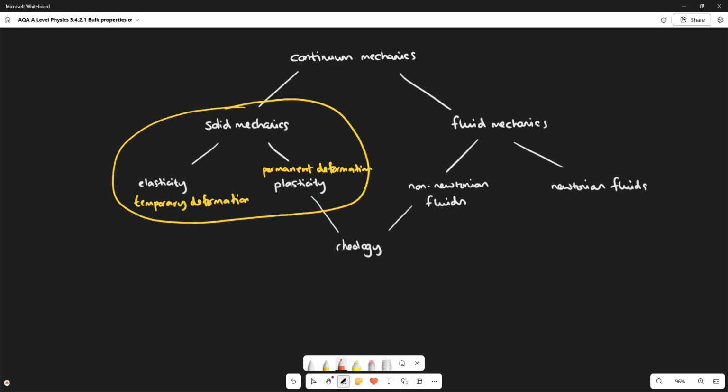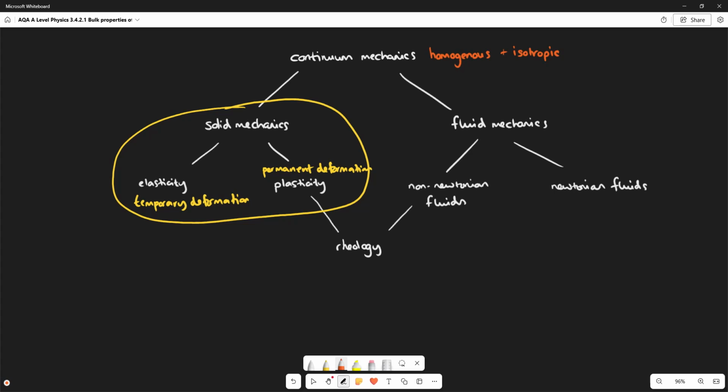Continuum mechanics itself is the study of homogeneous and isotropic materials. Homogeneous materials have the same properties and structure at every point within the material, and isotropic materials have the same properties and structure in every direction within a material.